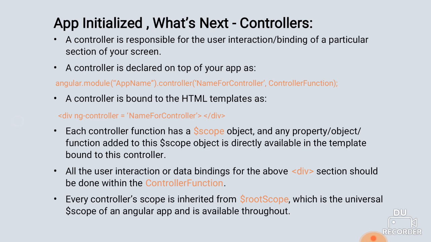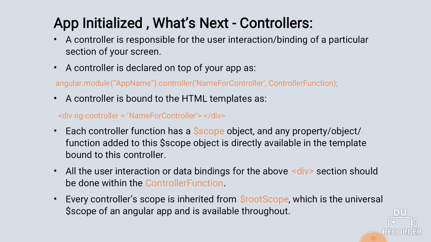A controller is defined on top of the original Angular app or the module, and the syntax to do it you can see on the screen. First of all, you need to retrieve that module name using angular.module and the app name. No need to have the dependencies here, just the app name: angular.module, the app name, and then .controller. .controller is the function that you need to call on this module to create a controller.